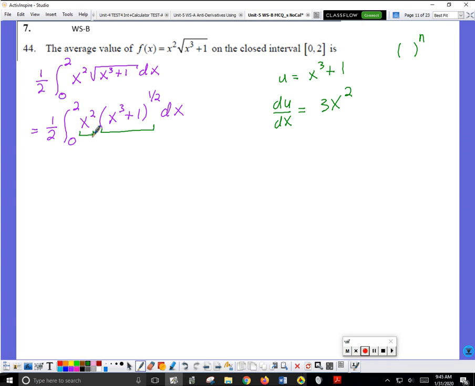I remember over here that I'm going to multiply the dx across. I'm going to move the 3, so I get du divided by 3. It's equal to x squared dx. Dividing by 3 is the same as multiplying by 1/3. Question?